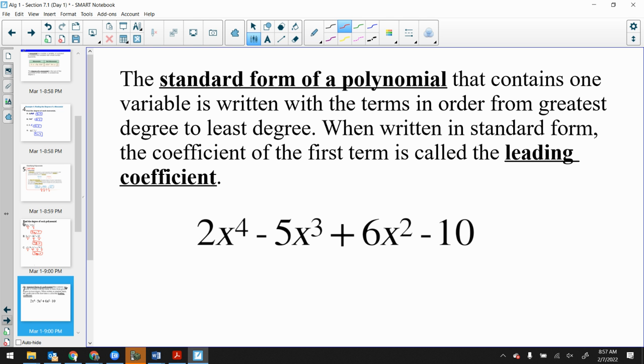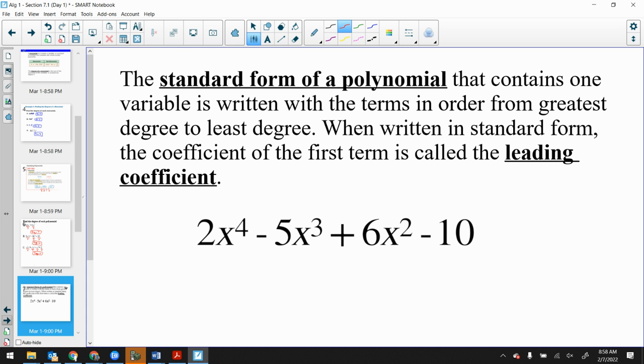Basically, standard form is putting it in descending order in terms of its degree. So go from highest to lowest in terms of the degree. The standard form of a polynomial that contains one variable is written with the terms in order from greatest to least degree.